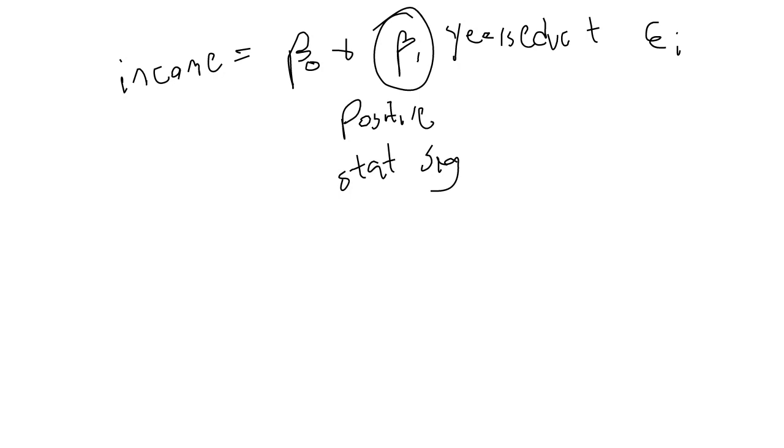But that's probably not the real effect of education on income, because we have omitted variable bias. So the solution was to use multiple regression instead of bivariate regression. That's the motivation behind that.